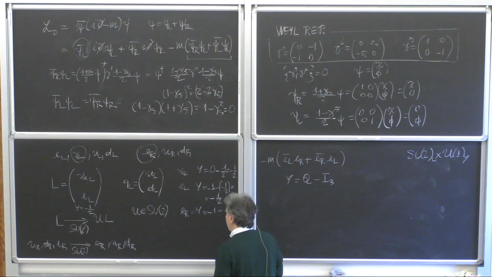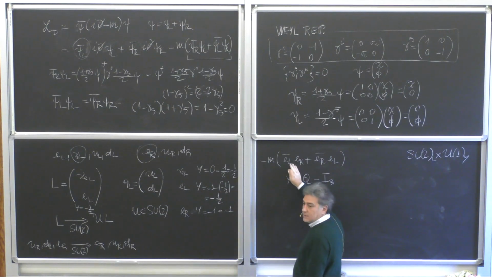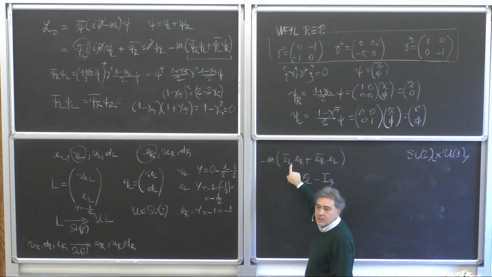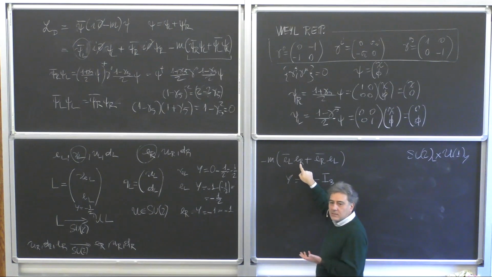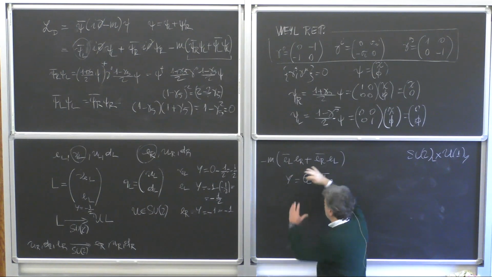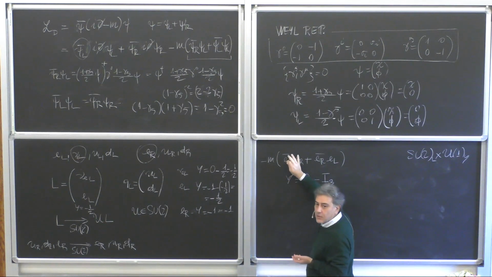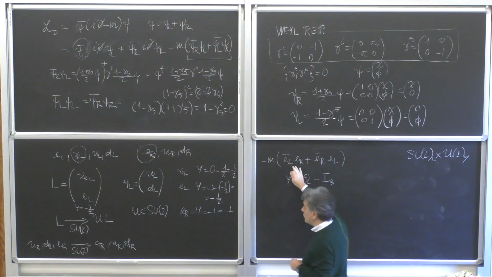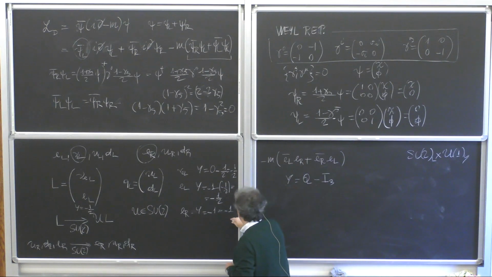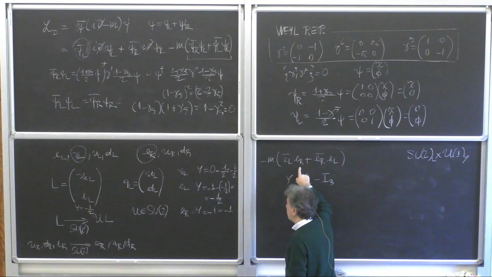You see that these terms do not respect the SU(2) symmetry, because this is in a doublet, so isospin equal to 1/2. This is a singlet. We need a singlet under SU(2). So these terms cannot appear directly in the Lagrangian. But also, if you consider the hypercharge, this is -1.